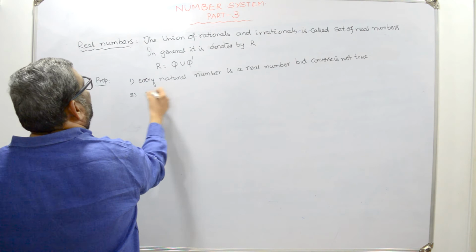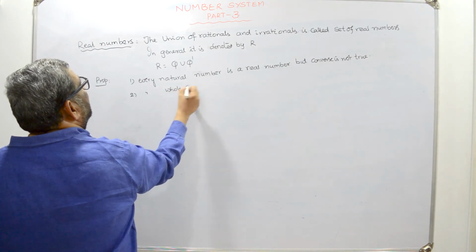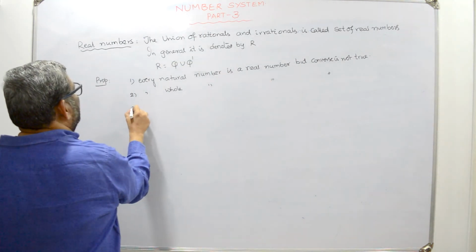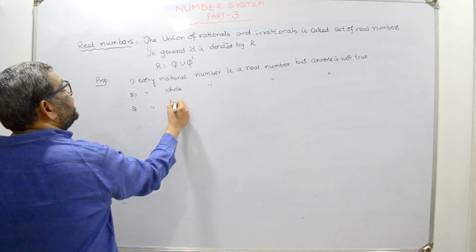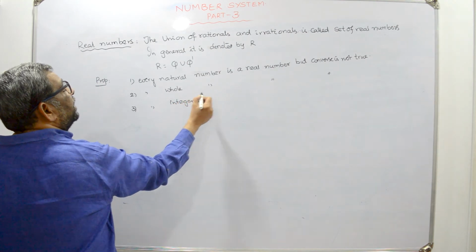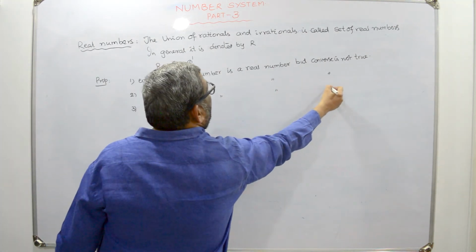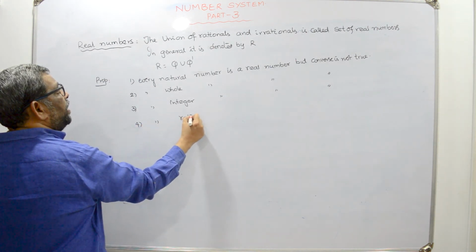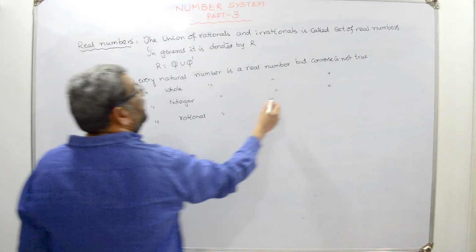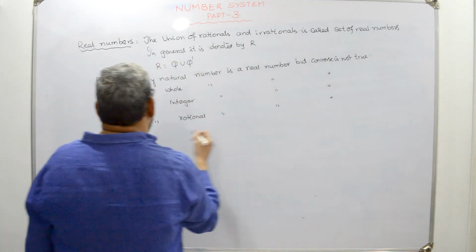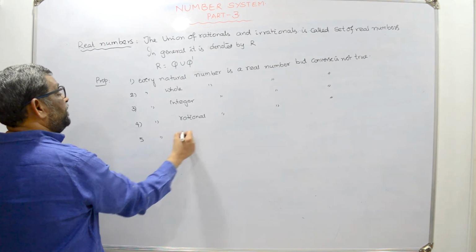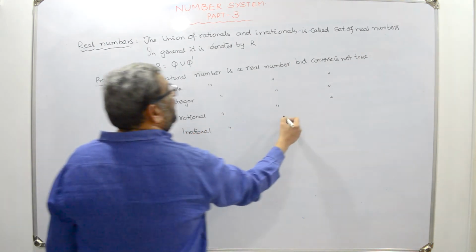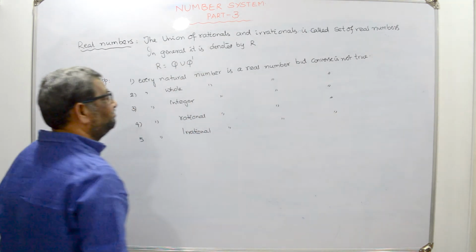Every whole number is a real number, but the converse is not true. Every integer is a real number, but the converse is not true. Every rational number is a real number, but the converse is not true. Every irrational number is a real number, but the converse is not true.